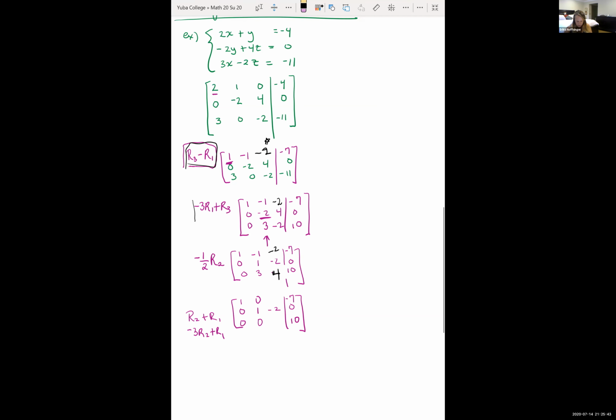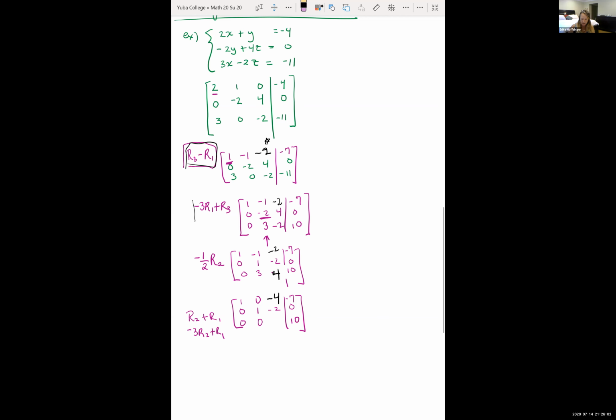And we did row 2 plus row 1. So 0, 1, that's 0. Negative 2 plus negative 2. This would have been a negative 4 here. Still works. And then instead here, this would have been negative 3 plus 3 is 0.